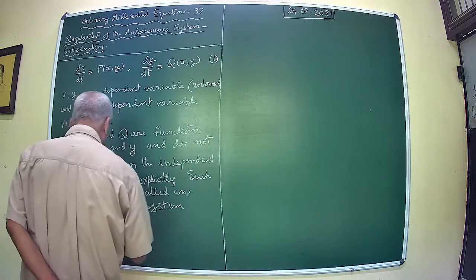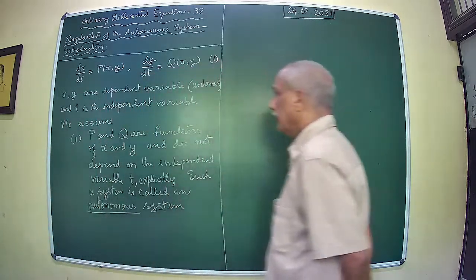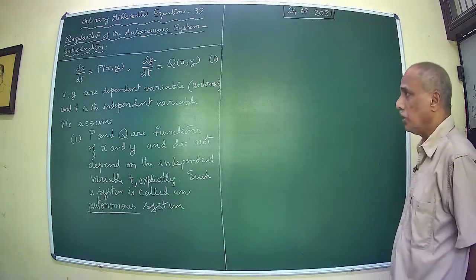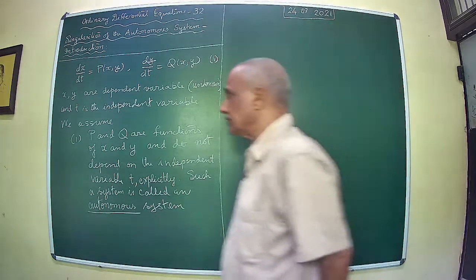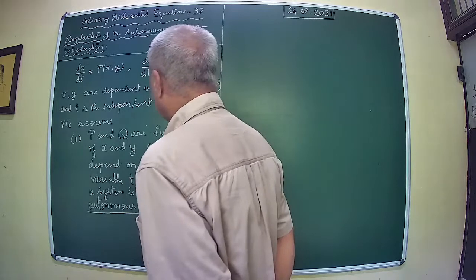So we have defined what an autonomous system is. Here P and Q do not depend on t explicitly, but depend only on x and y.